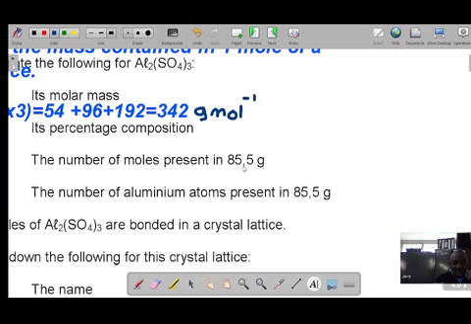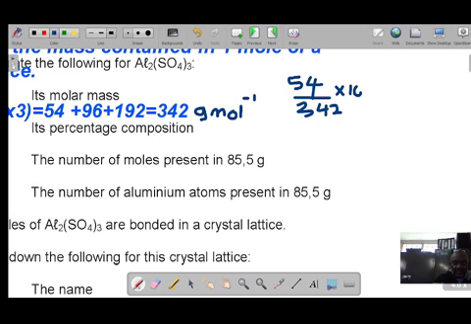So what did I say here? Rather for aluminium, it's going to be 54 divided by 342, then times 100.